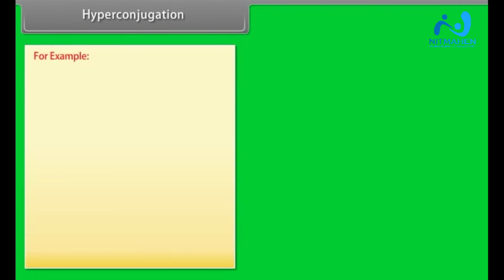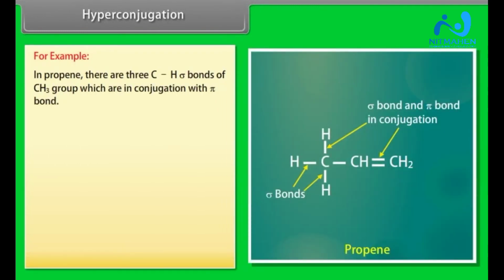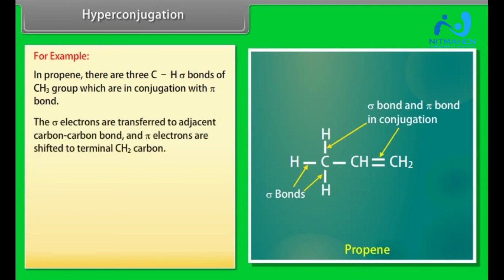For example, in propene, there are 3 C-H sigma bonds of the CH3 group which are in conjugation with the pi bond. The sigma electrons are transferred to the adjacent carbon-carbon bond and pi electrons are shifted to the terminal CH2 carbon.